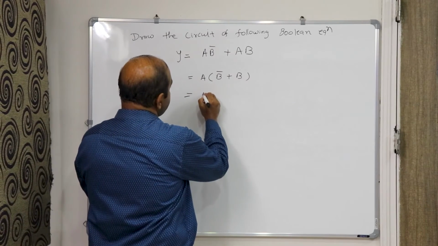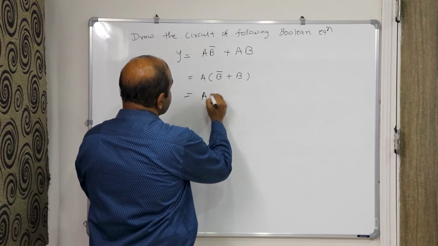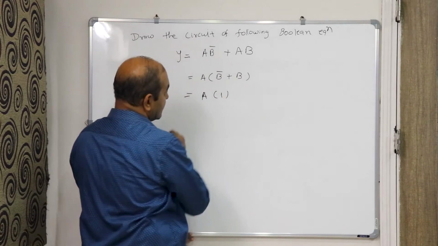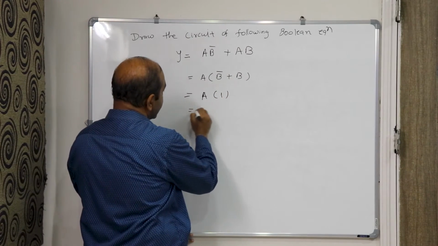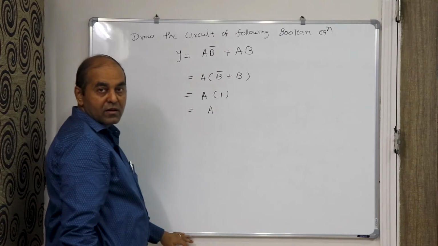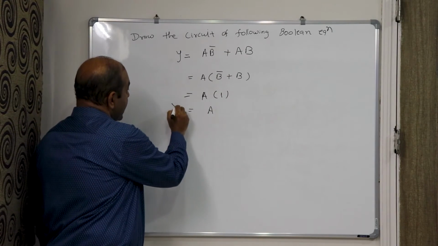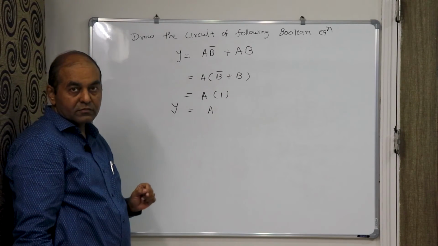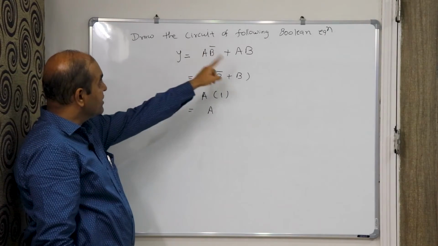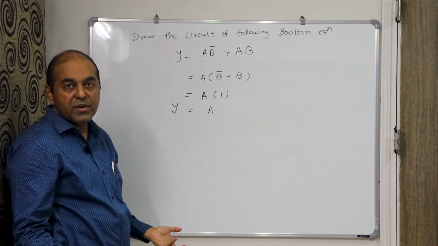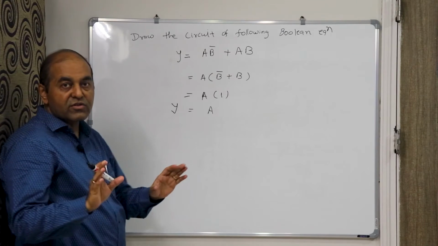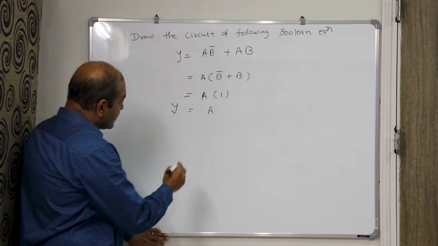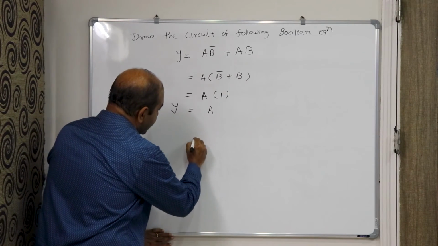So B plus B bar is nothing but 1, and A dot 1, that is A. So by using Boolean rules, this equation is reduced to Y equals A, and we can represent that in the following way.